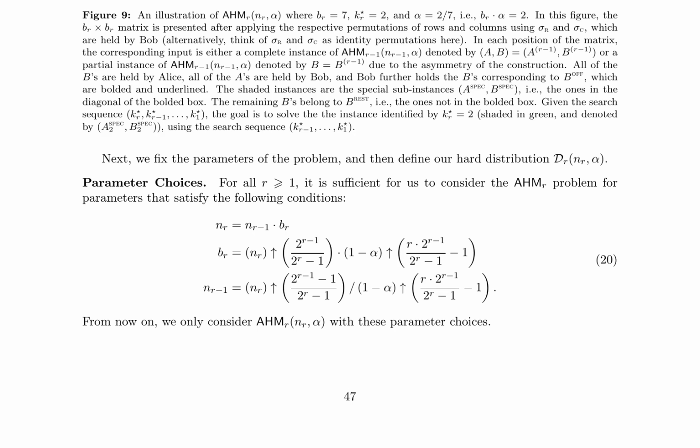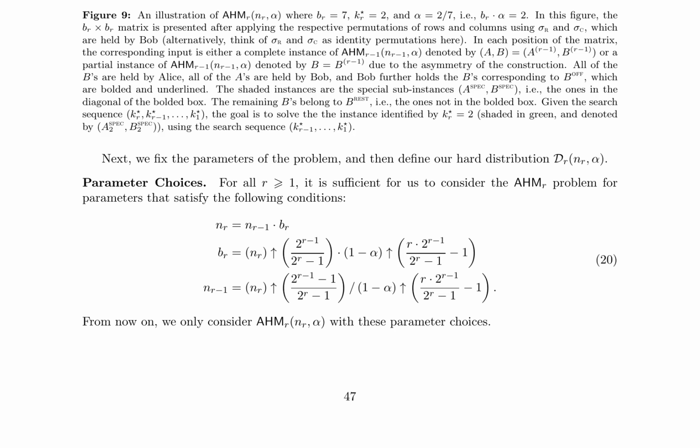The parameter choices for the AHM$_r$ problem are specified to ensure that the problem is well defined for all $r \ge 1$. The conditions for the parameters are $n_r = n_{r-1} \cdot b_r$, with $b_r$ and $n_{r-1}$ defined in terms of $(1-\alpha)$, $r$, and $2r-1$ as given in Equation 20.